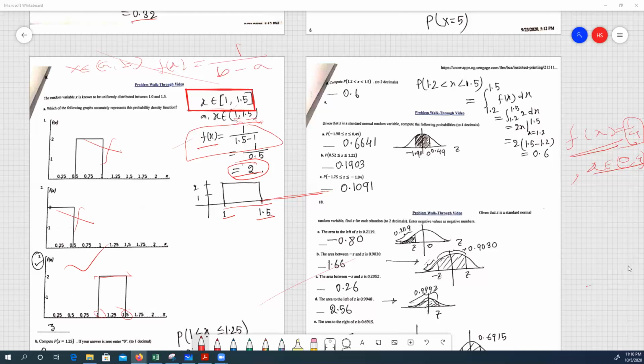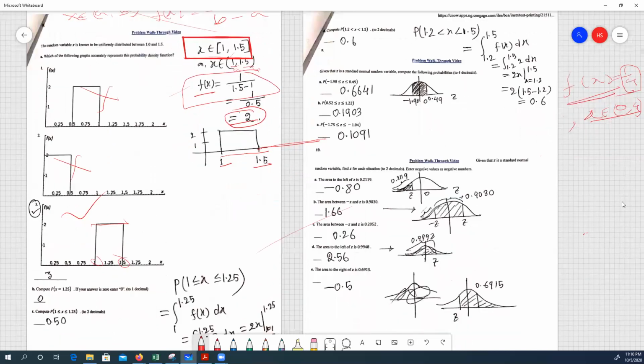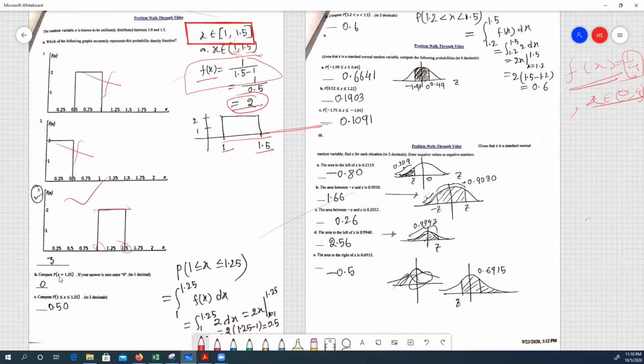The next question is to compute the probability of x equals 1.25. For a discrete random variable, you can have positive probability for a specific number.